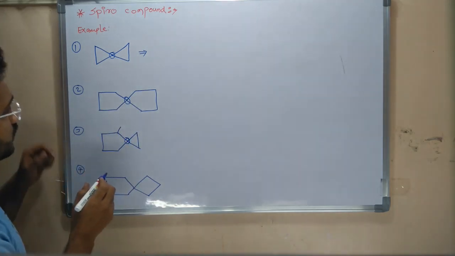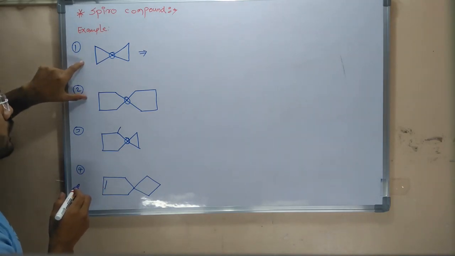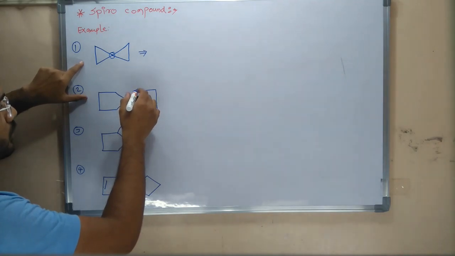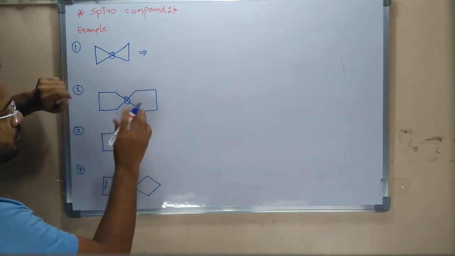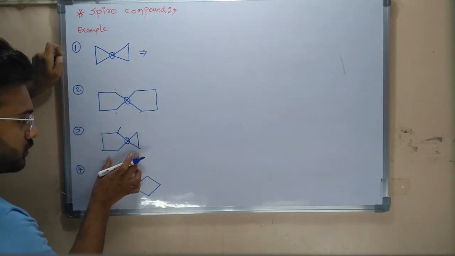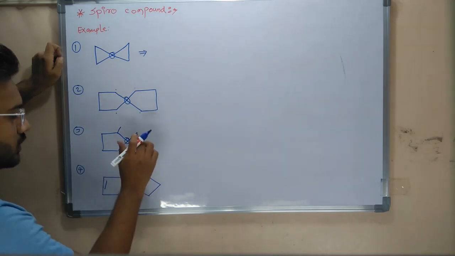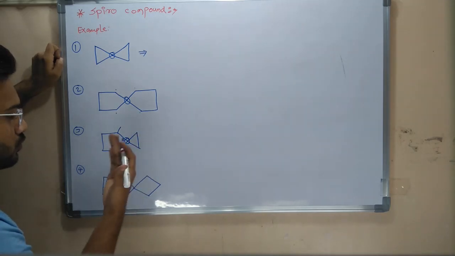See, in this structure and in this structure, both the rings are the same, so numbering can start from any carbon. But in these compounds there are 2 rings which are different. This is the smaller ring and this is the larger ring. So from where to start the numbering?